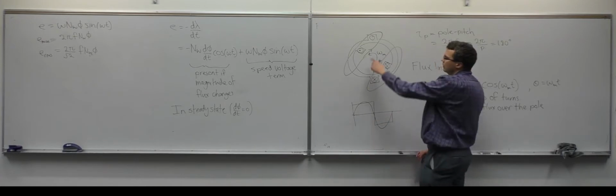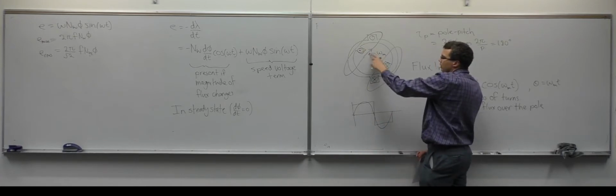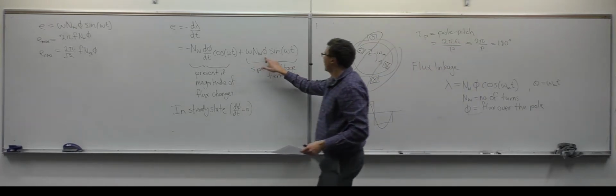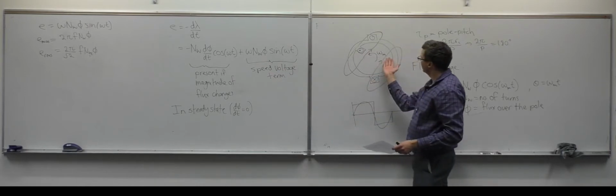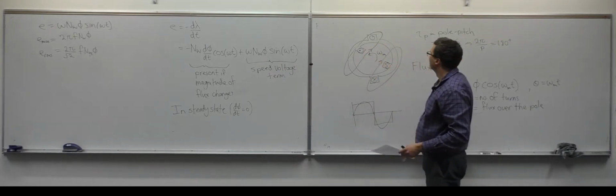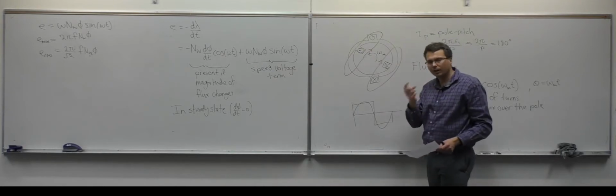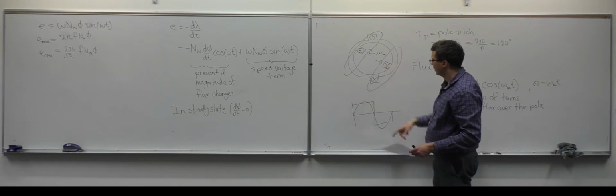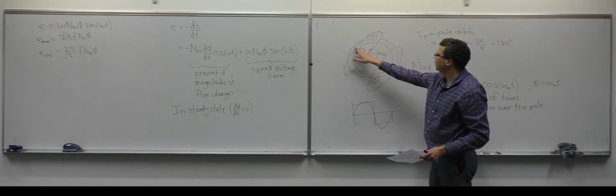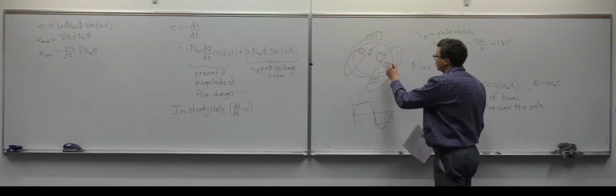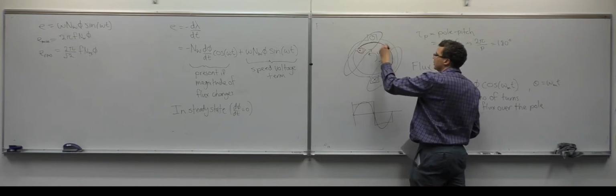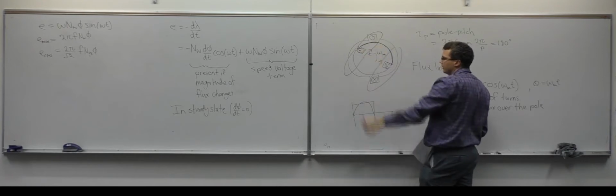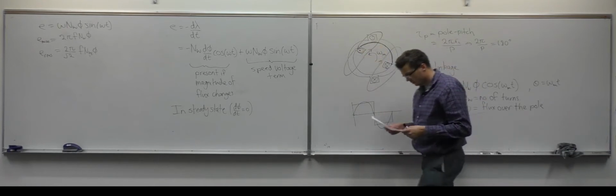But if we want to know the flux linkages, just from the magnitude of this flux, and the field creates an ideal sine wave, which is what the fundamental flux is, then we can evaluate that by integrating from here around to here.